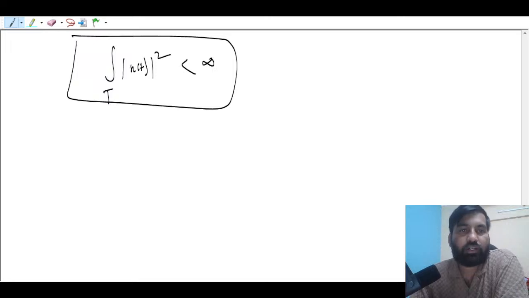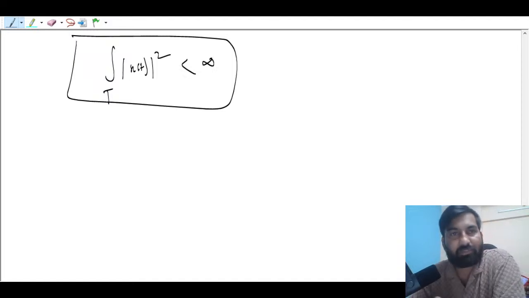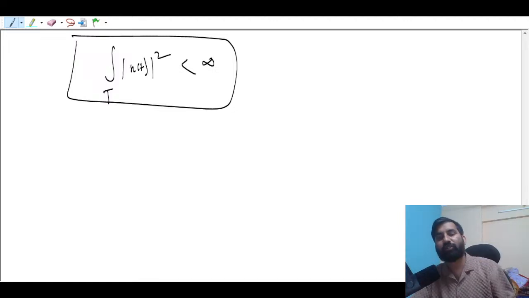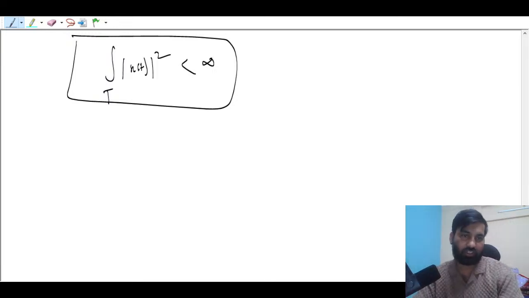So if the signal is absolutely integrable over one period, it can also be an energy signal. And every continuous and piecewise continuous signal over one period must be square integrable, so the Fourier series also converges to x(t).